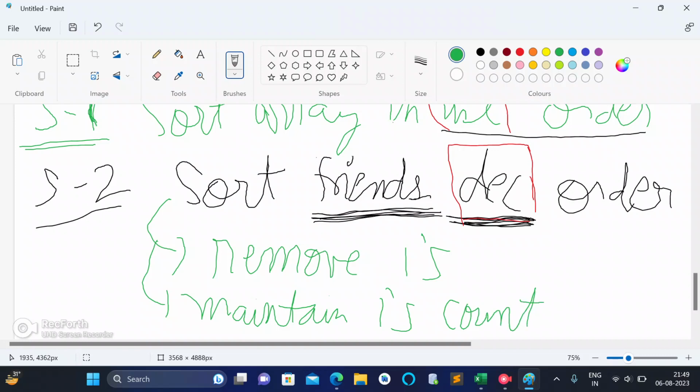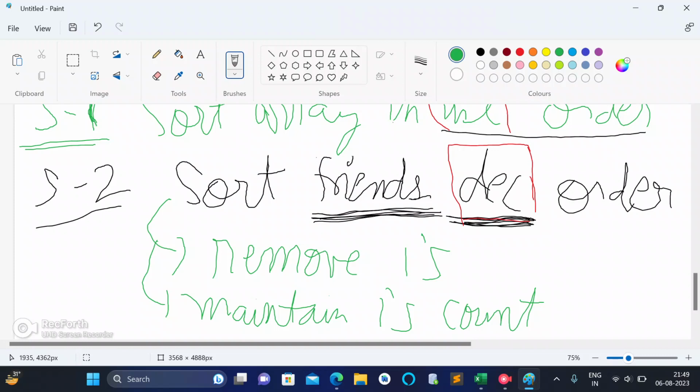What I mean to say is, let's say, let's take a better example. Let's say in the friends array you are given 1 1 2 3 3. That is, your first friend wants only one number, your second friend wants only one number, your third friend wants 2 numbers, the fourth friend wants 3 numbers, and the fifth friend wants 3 numbers.